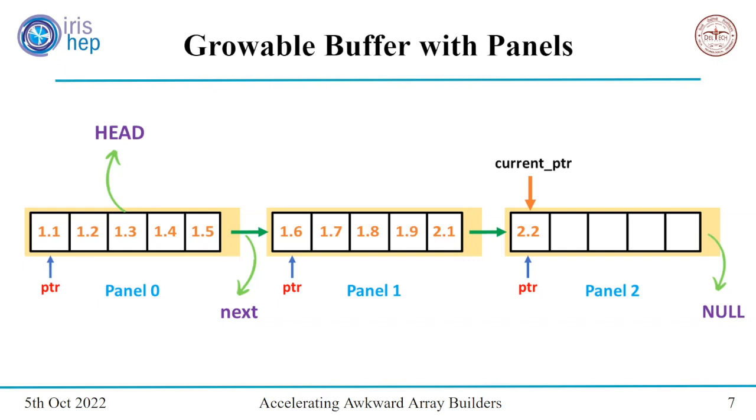So the reason why the multiple panels approach is a step up in performance is because the global buffer is used to produce snapshots of the accumulated data by converting them into awkward arrays. So the external code copies the data out of the global buffer so that it can own it.